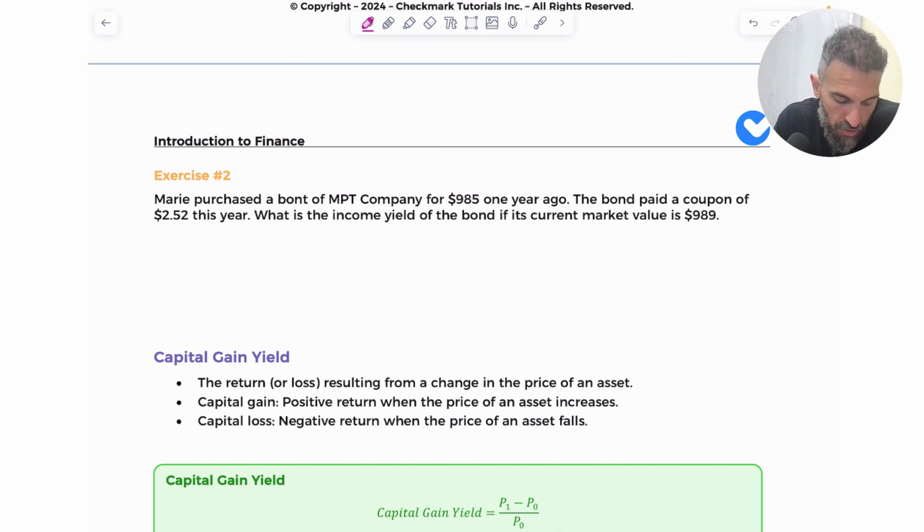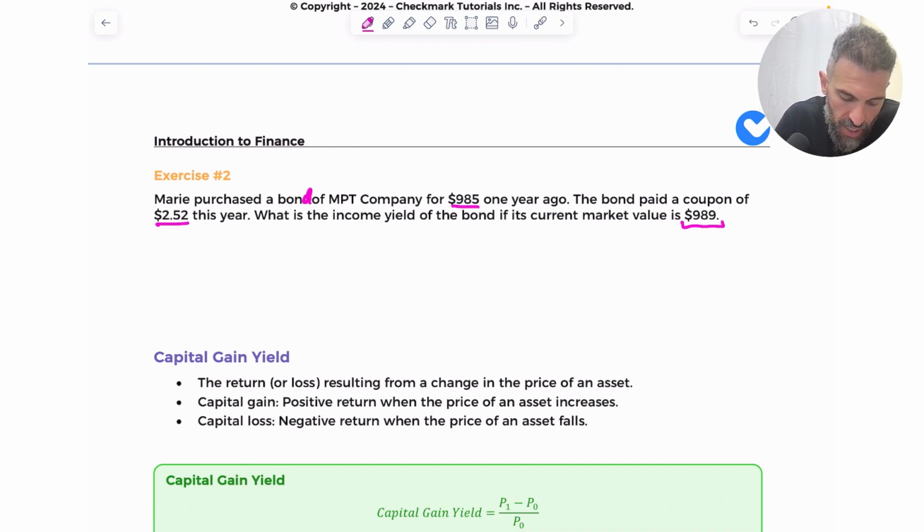It's pretty much the same thing. So Marie purchased a bond for $985 1 year ago. The bond paid a coupon of $252. What is the income yield if the bond's current market value is $989? Now you want to be careful with this $989 because we don't actually need it. The coupon or the income yield really just looks at the income received, so in this case the coupon, and the initial investment.